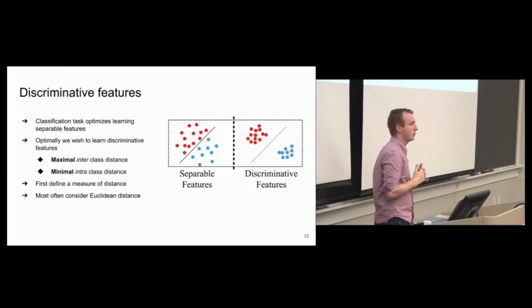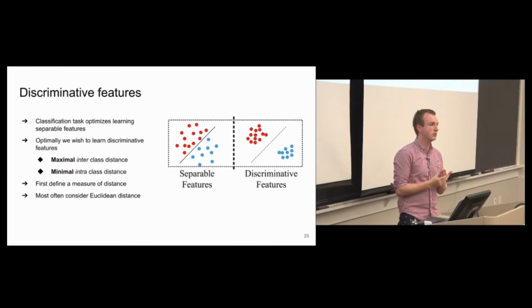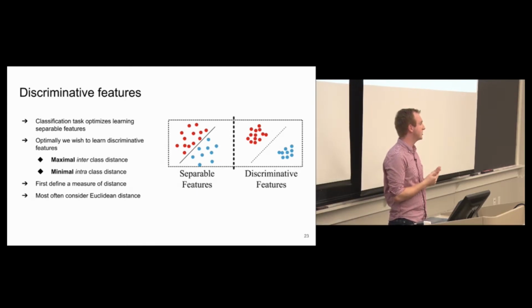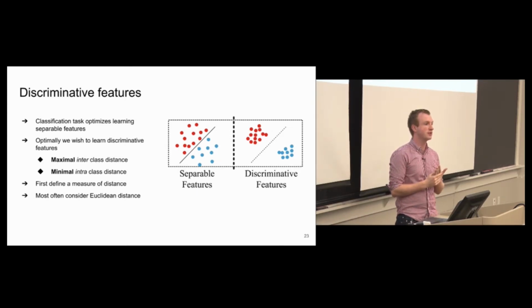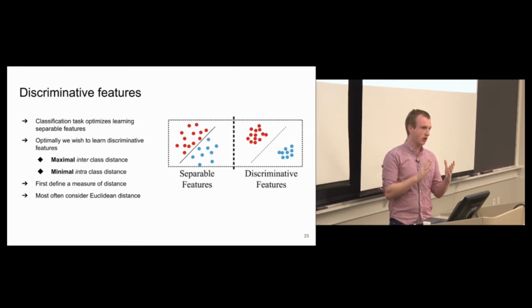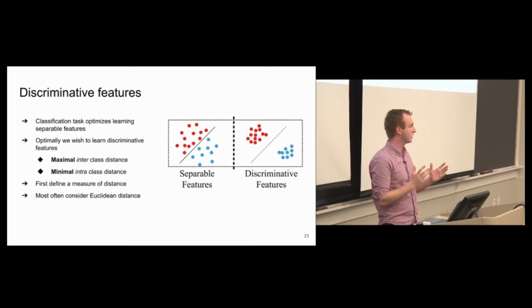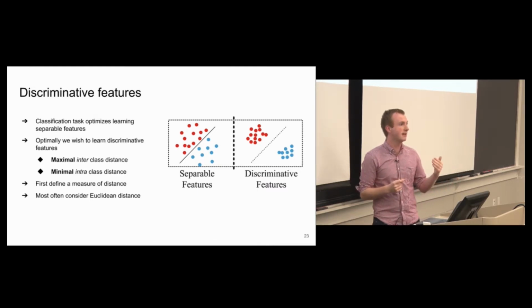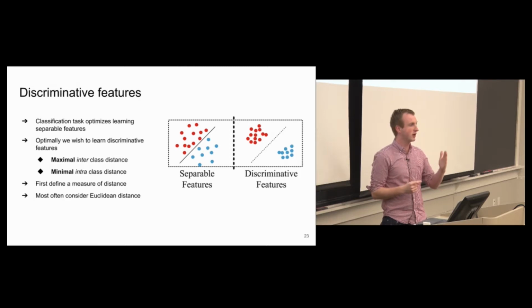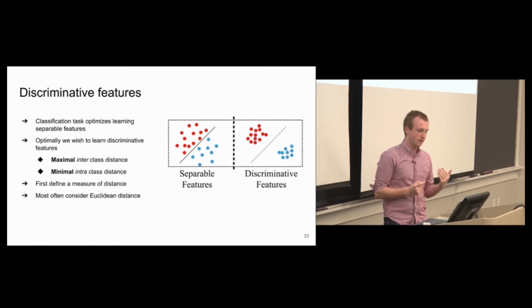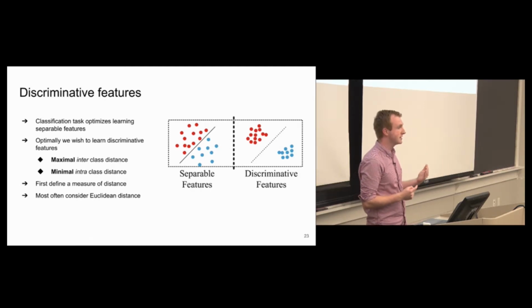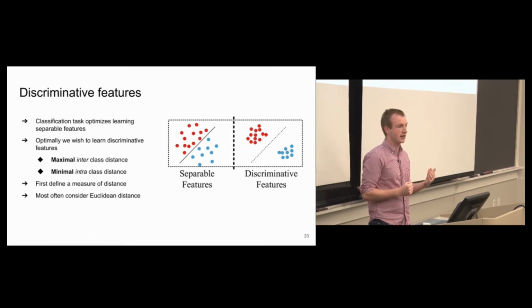So now we can say that we can use classification to learn useful features that are in line with the separability learned in classification. So remember that classification purely requires the separability of samples from different classes. It doesn't necessarily mean that you are maximizing interclass distance or minimizing intraclass distance.